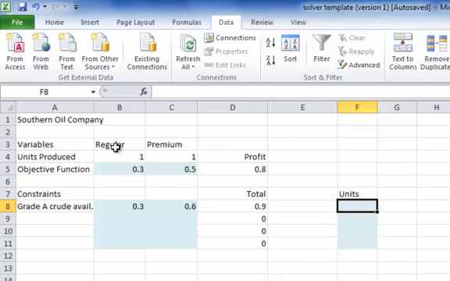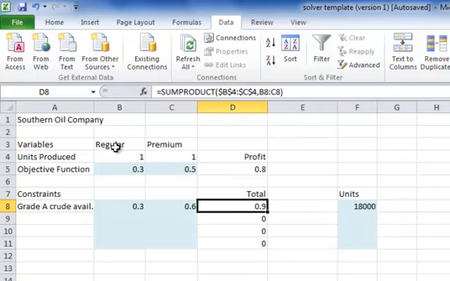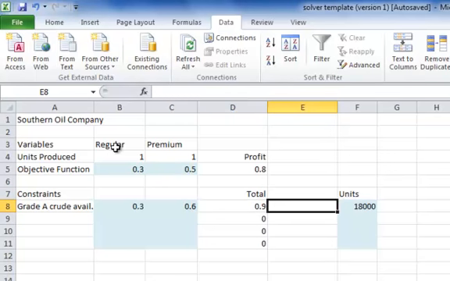And we know that we have a total of 18,000 gallons of crude oil available. So our constraint is the total grade A crude oil that we use has to be less than or equal to 18,000.